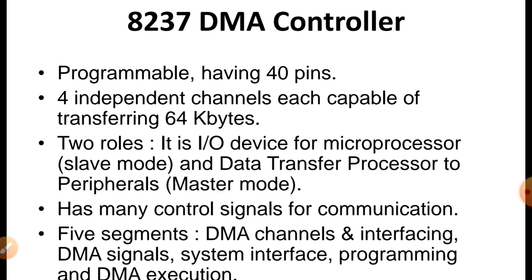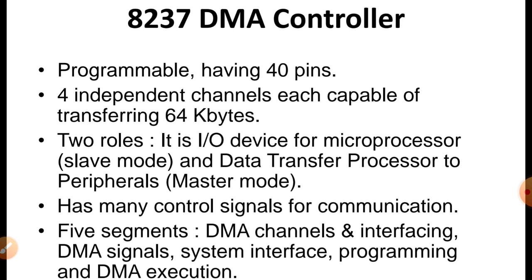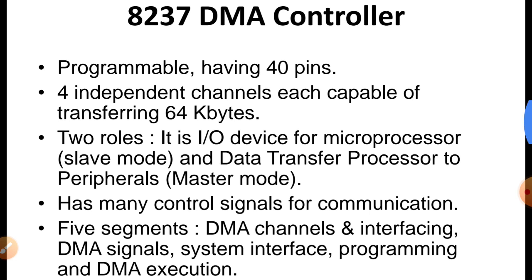It is an integrated chip having 40 pins, and this DMA controller has 4 independent channels which are capable of transferring 64 kilobytes of data at a time. Now it means that it must interface with 2 kinds of devices, one with the microprocessor, another with the peripheral or the memory.